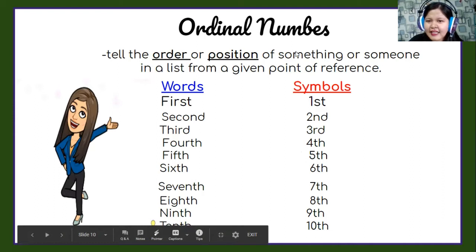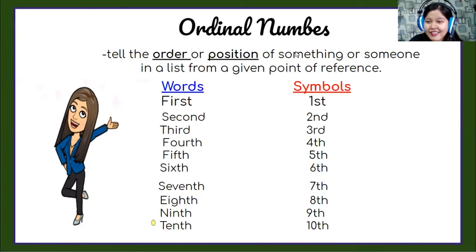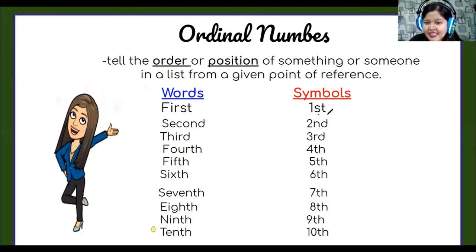Where do you think the S and T come from? Do you have an idea where letter S and letter T come from? Okay, they come from the word first. How about ND? They come from the word second. RD comes from the word third.